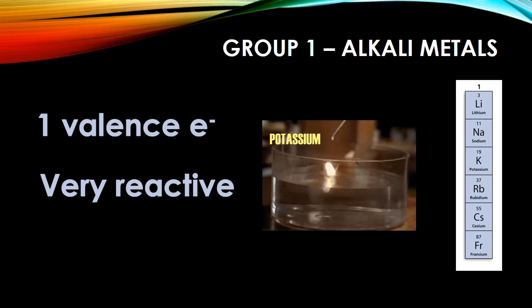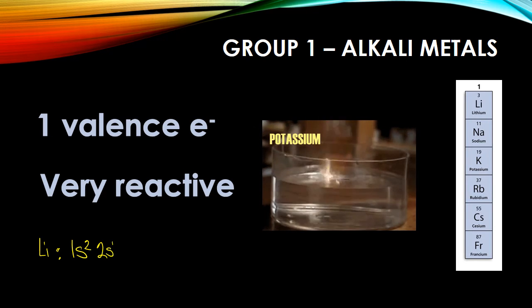And these guys have one valence electron. If you don't believe me, let's take a look at lithium. Lithium has an electron configuration of, okay, you do it. Pause it. Do it. Okay, yeah, I got 1s2 and 2s1.